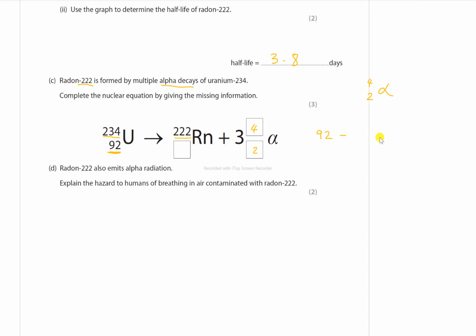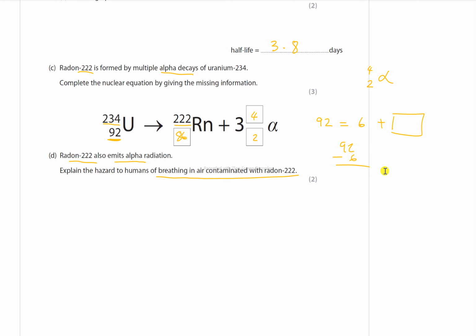We need 92. We've got 6. We need something else. 86. Done. Radon also emits alpha radiation.